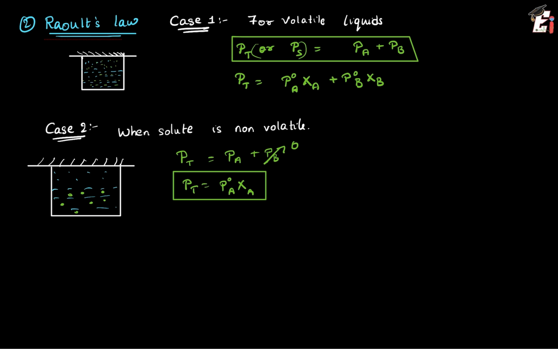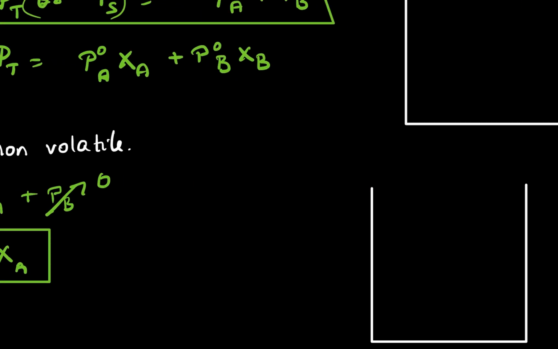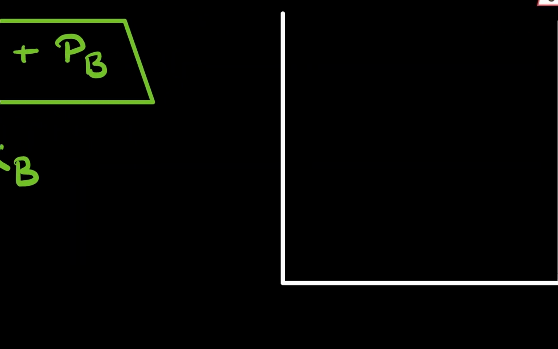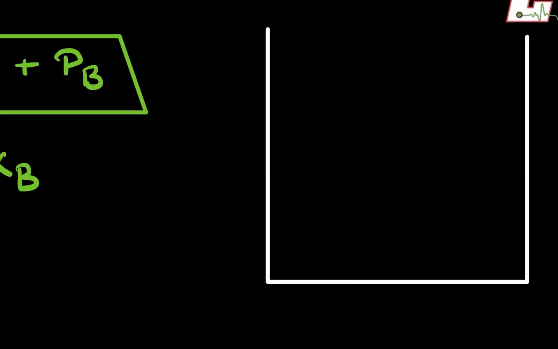Now let's see how the diagram of these look. To represent this, the graph basically, this is the graph of the second case. So two cases I'm going to draw the graph. First let me draw the graph of the first case.